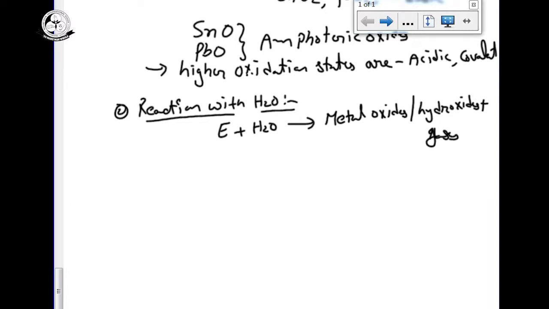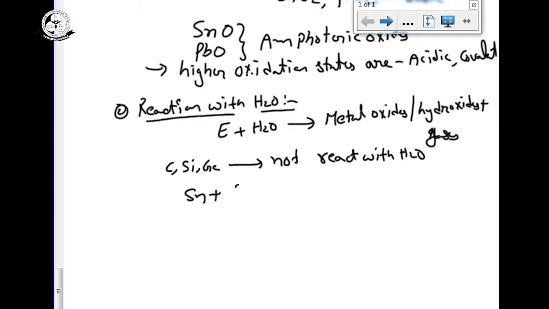Especially in this group of elements, carbon, silicon and germanium do not react with water. Tin reacts only with steam, not water. Tin reacts with water in the form of steam to form the corresponding stable tin oxide and liberate hydrogen gas.